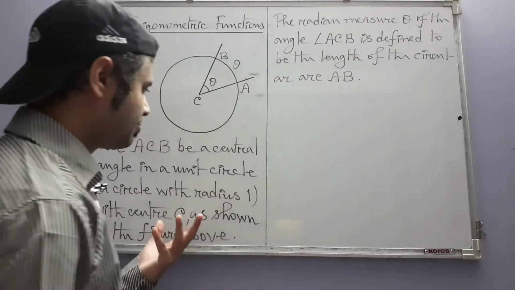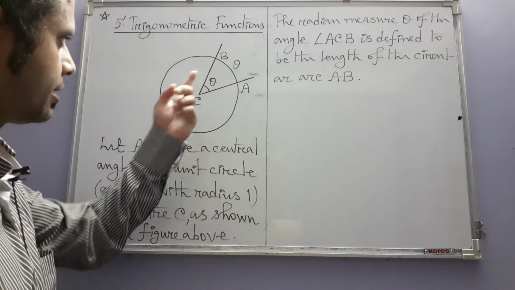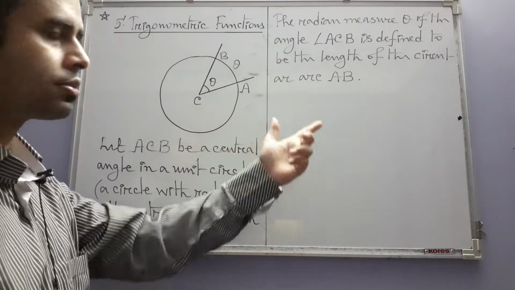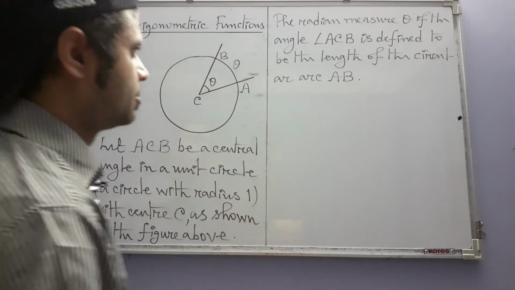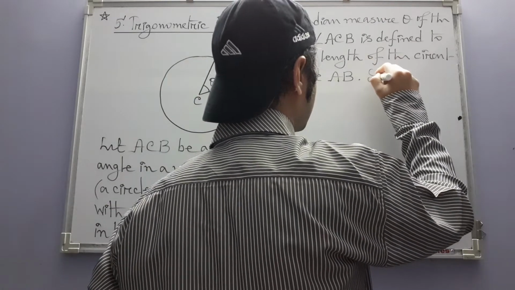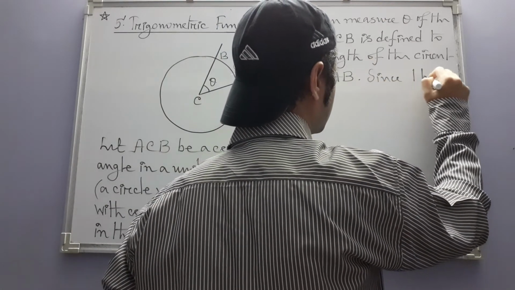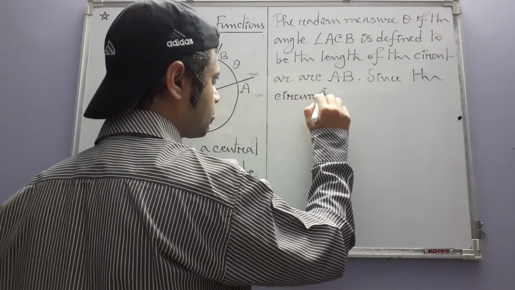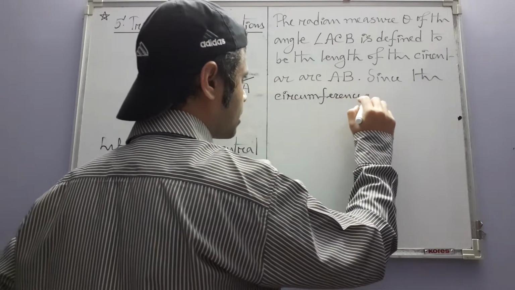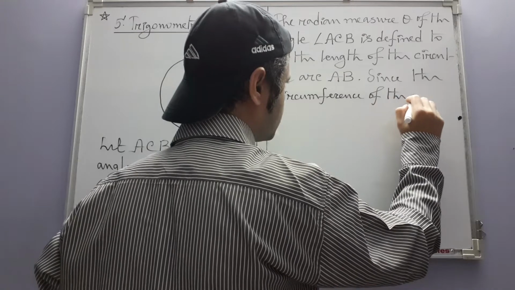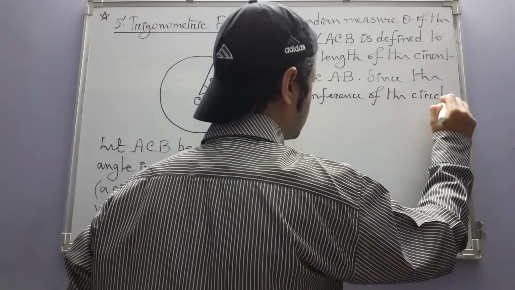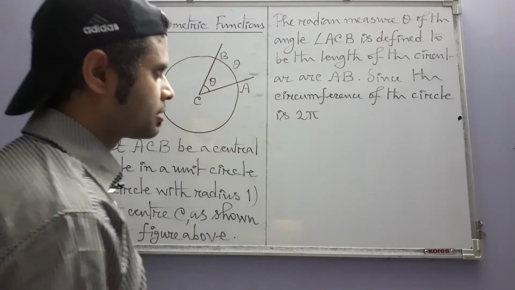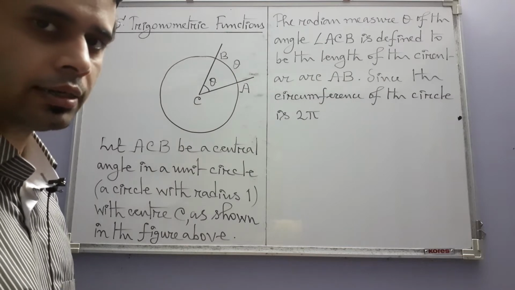Now because it has been defined in this way as the length of a circular arc, it becomes rather easy to link this to the degree measurement, since the circumference of the circle is 2 pi. We know that the circumference of a circle of radius r is 2 pi r.